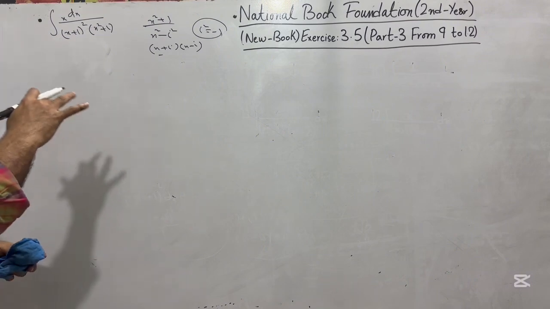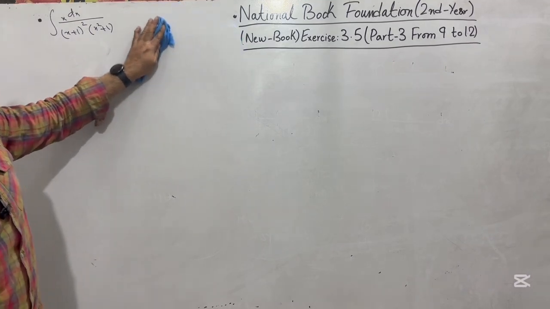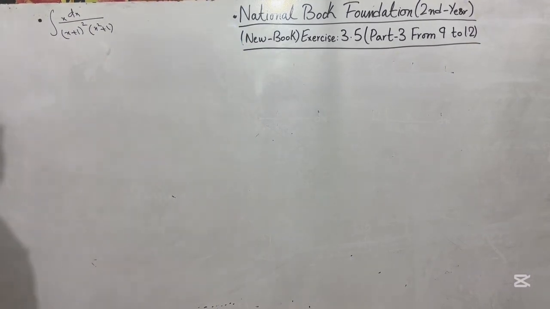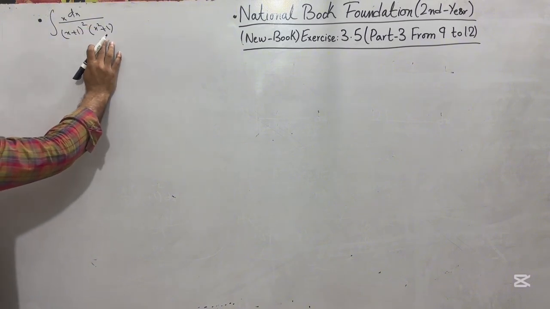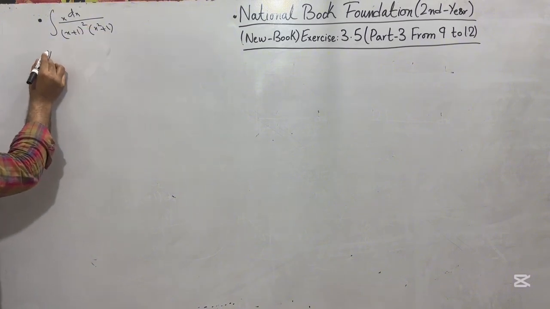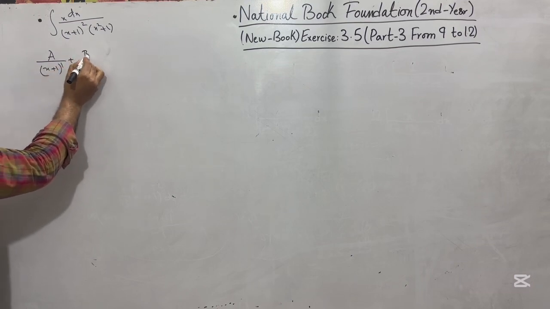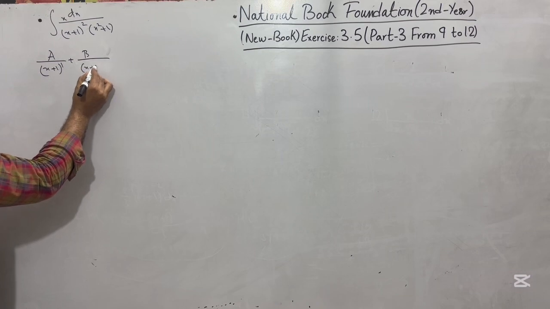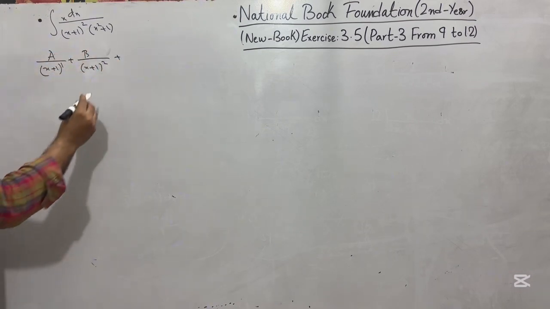In our calculus or in your second year book, we are dealing with real valued functions. So we have to omit complex numbers. That's why it is irreducible quadratic. Writing the same, resolving into partial fractions: a over x plus 1 raised to 1 plus b over x plus 1 whole square. It is quadratic irreducible, don't forget.